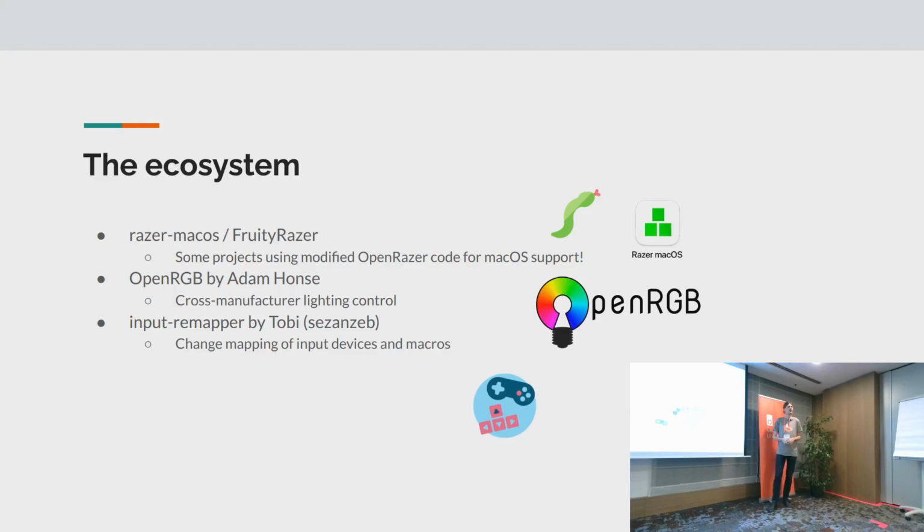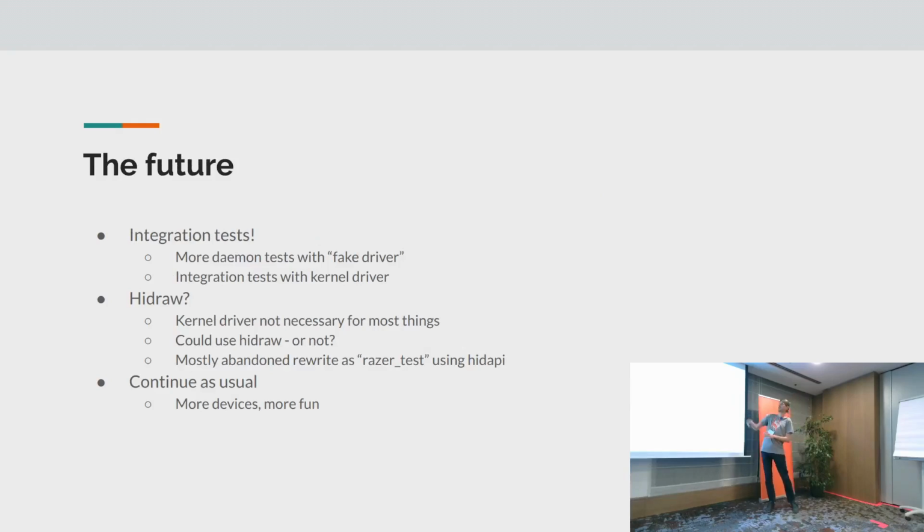Anything else? Any other question? The kernel part will go away? If the kernel part goes away, I'm hoping it will. With the integration test for the kernel driver, I'm hoping to start refactoring a bit in our existing kernel driver, and then slowly start moving things somewhere else.